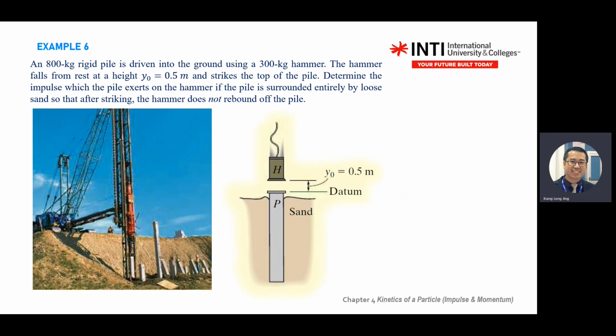When you see a question with a datum, what type of question only has a datum? The only two kinds of questions that have a datum: pulley system and potential energy.